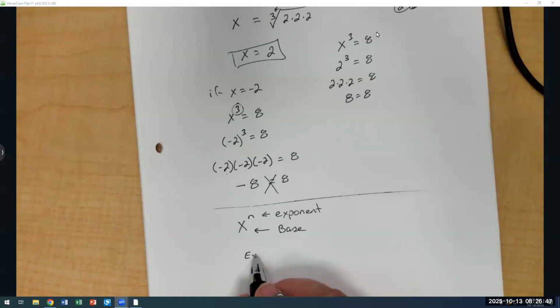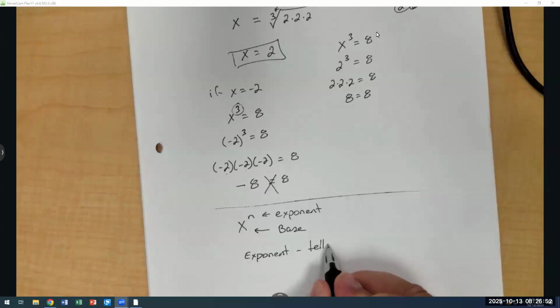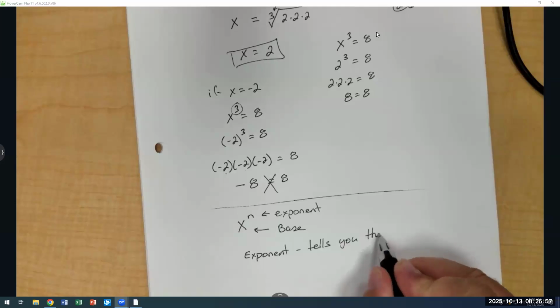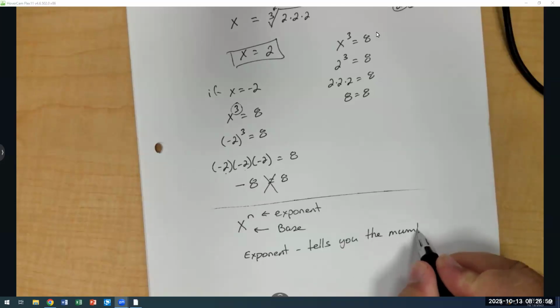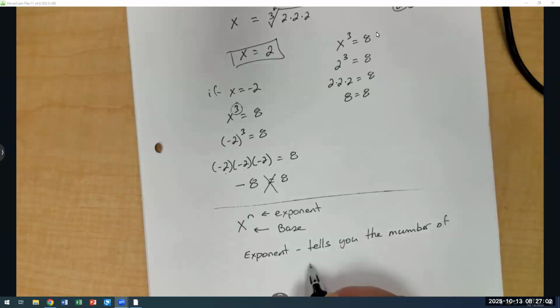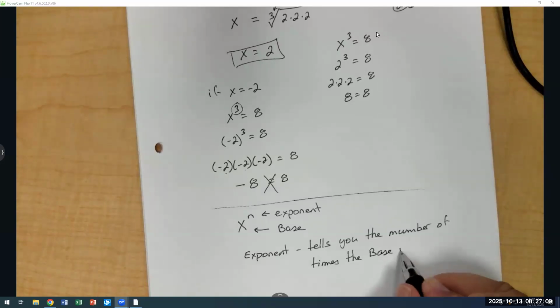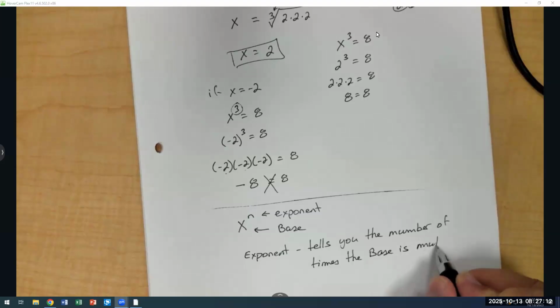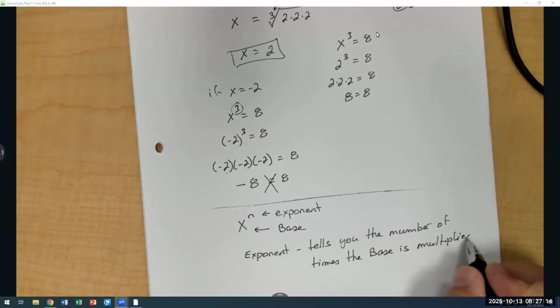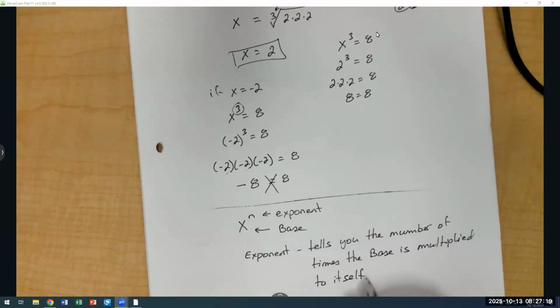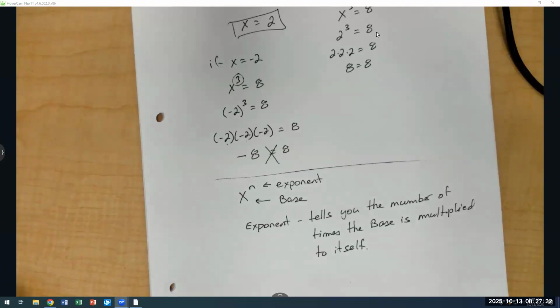So the exponent tells you the number of times the base is multiplied to itself. That's what the exponent does.